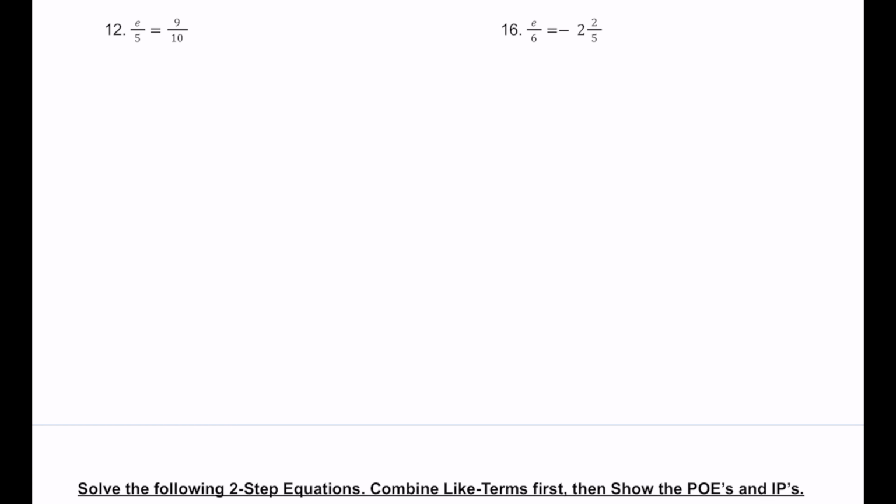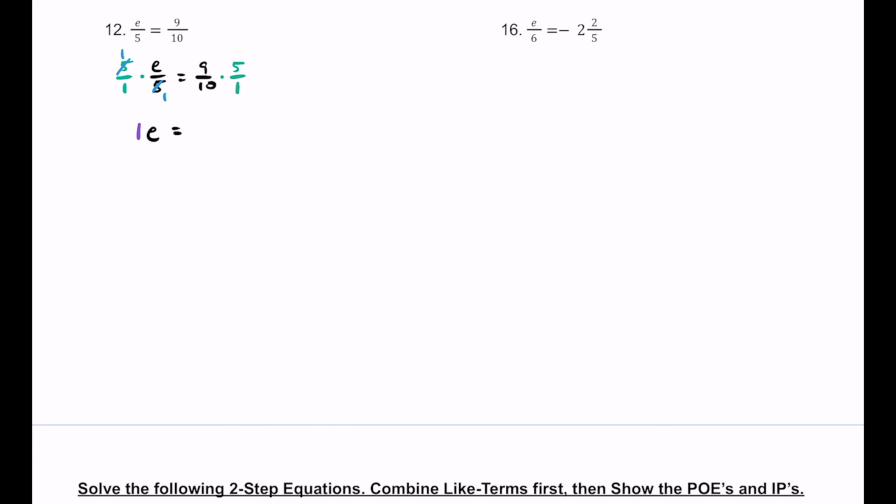For number 12, I'm going to go ahead and rewrite this for more space. We have e divided by 5 is equal to 9 over 10. The inverse of dividing by 5 is going to be multiplying by 5. So we're going to use the multiplication property of equality and multiply both sides by 5. On the left side, these 5s are going to cross cancel to make 1s. So we're going to have a coefficient of 1 and say we have 1 times e, or 1e.